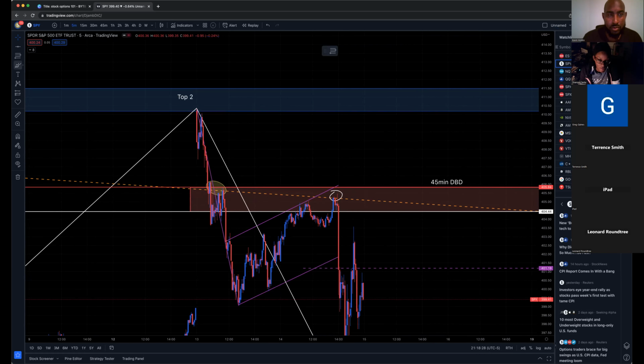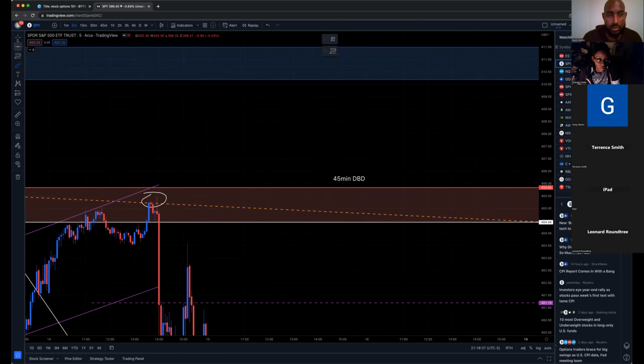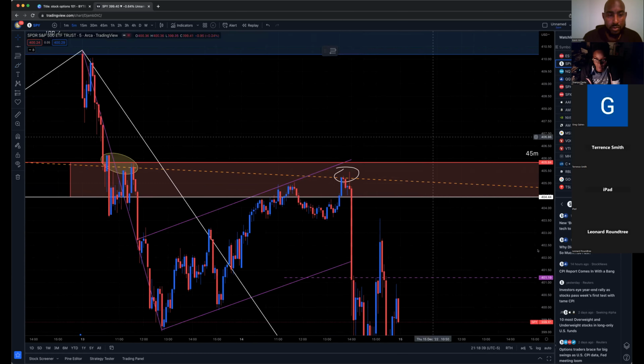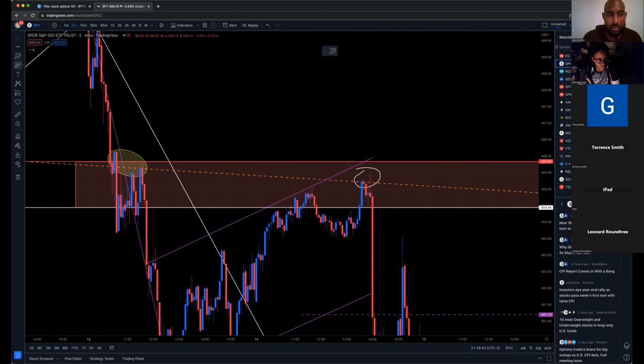If the market would have come out of the zone and not just wicked, we didn't cover that. We'll cover the candlesticks in a second. That's my bad, I completely forgot about that. But if the market had come out of this zone and formed a candle, I'm going to try and draw one here.